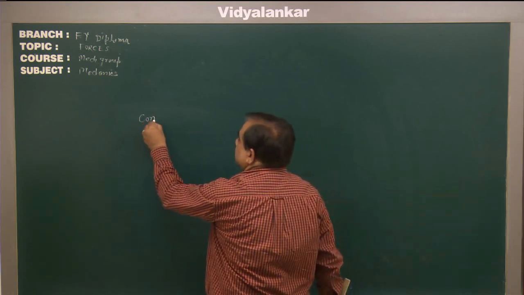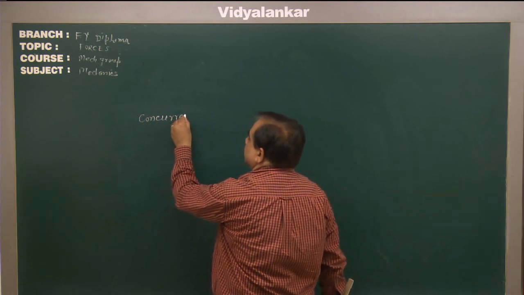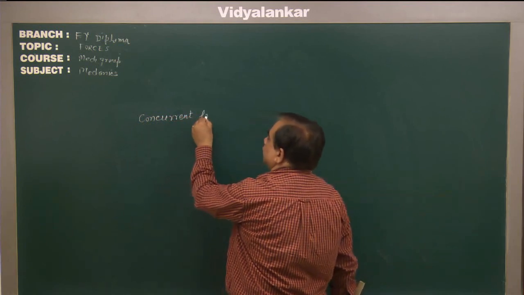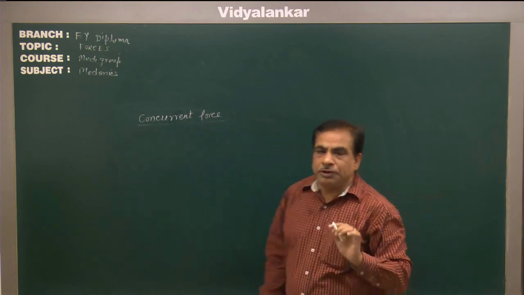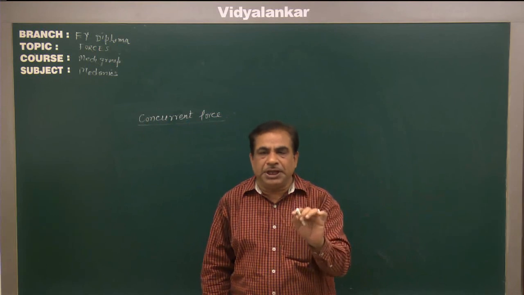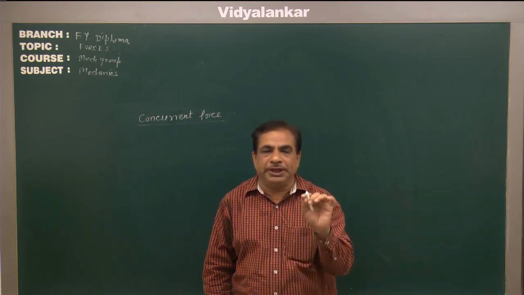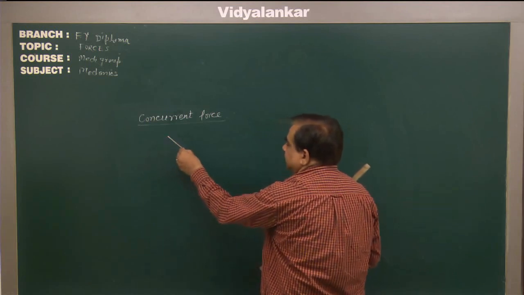Now the second one, concurrent forces. Concurrent means if all the forces are meeting at one point, they are known as concurrent forces. If you want to make a diagram, it is just like that.